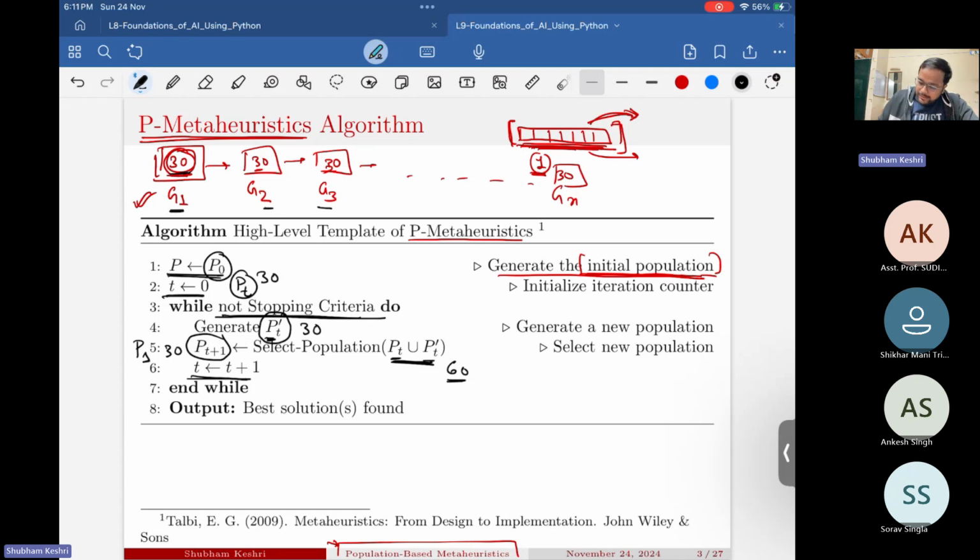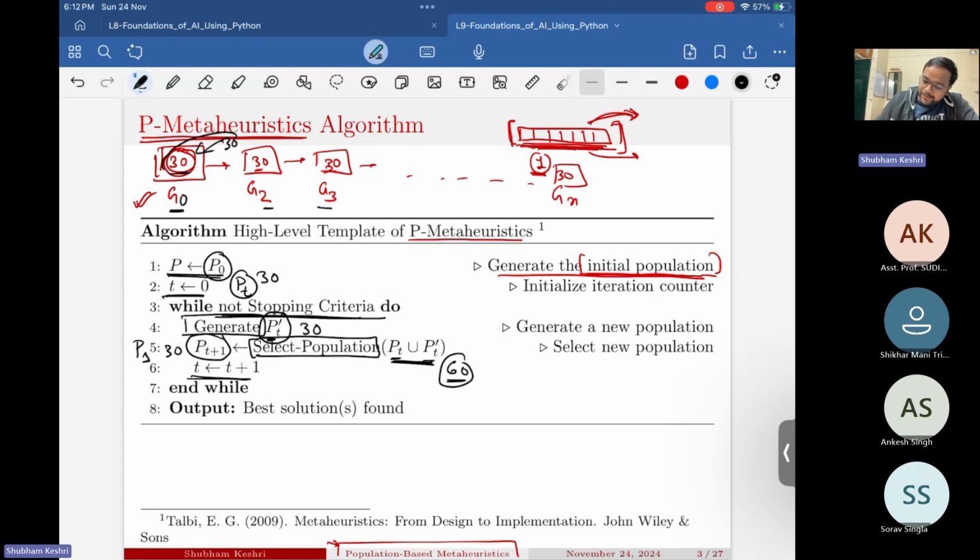You see these words, generate and select, are very big words. We don't know what they mean right now. We're just saying we are at population 0, generation 0. We had 30 individuals. We generate 30 more individuals. Somehow, we will talk about how we are doing it. Somehow we generate 30 more individuals, so we'll have in total 60 individuals.